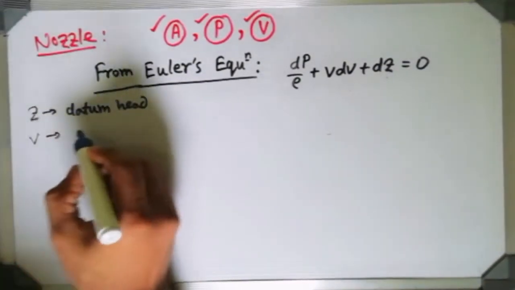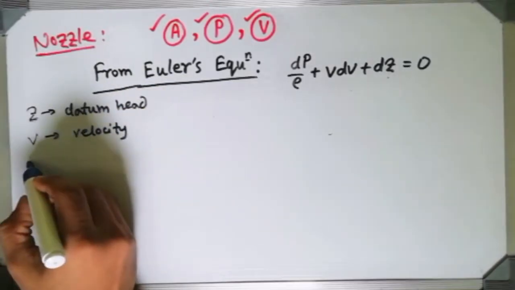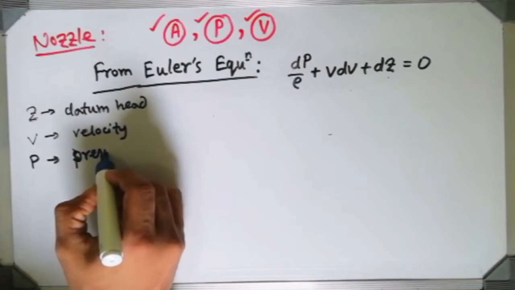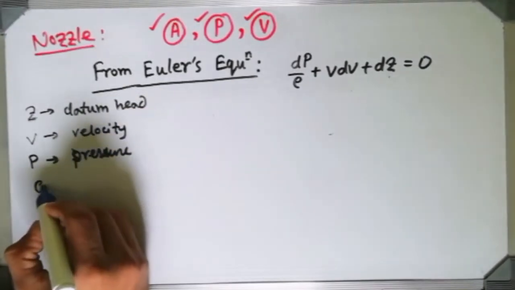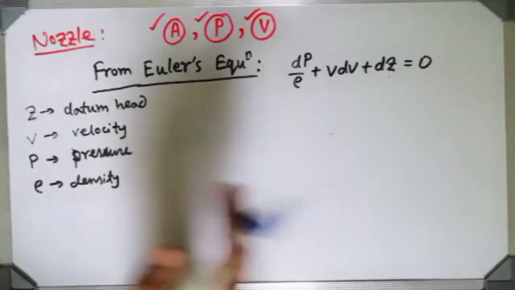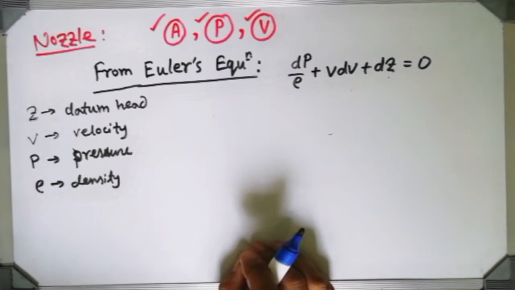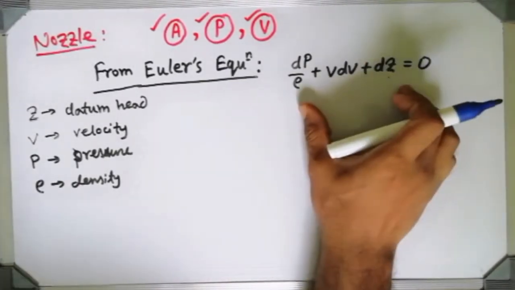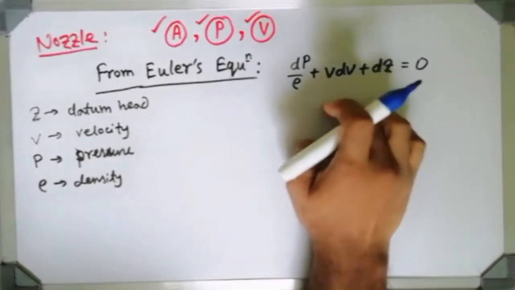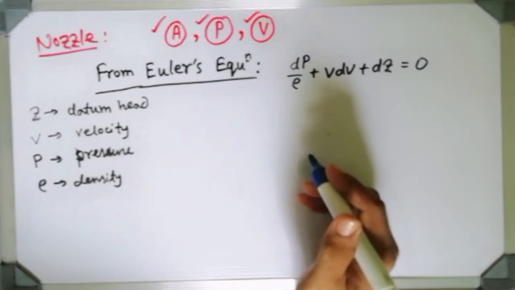V stands for the velocity, p stands for the pressure of the fluid, and rho stands for the density of the fluid flowing through a duct. So this equation is known as Euler's equation. It is not needed for you how it is coming; we are just going to use this equation.